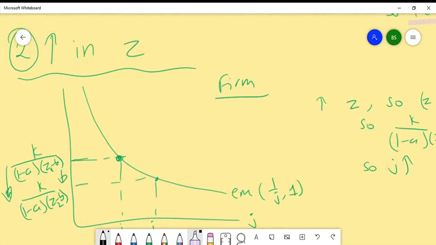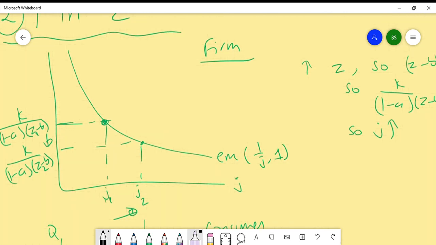So now we're going to look at an increase in Z. First of all, we draw out the whole function. We have J, we have the EM for the firm function, 1 over J comma 1. We have our original K function, like this K y-intercept kind of, well, actually it's not a y-intercept, it's just a point. So first we have an increase in Z, which means that this Z over here increases.